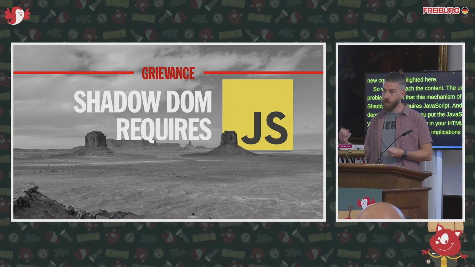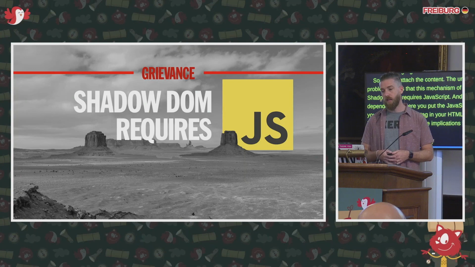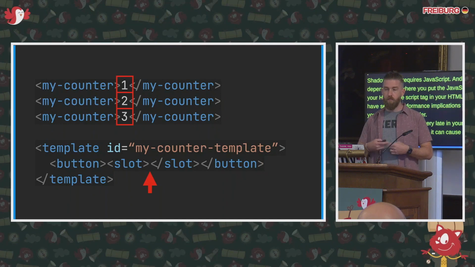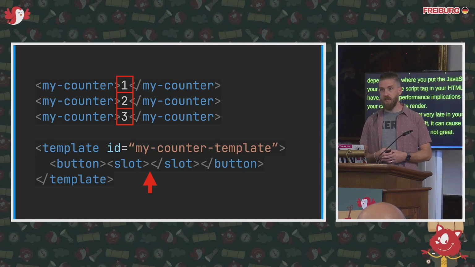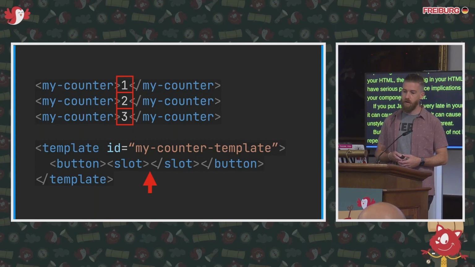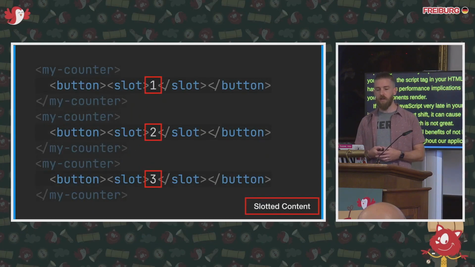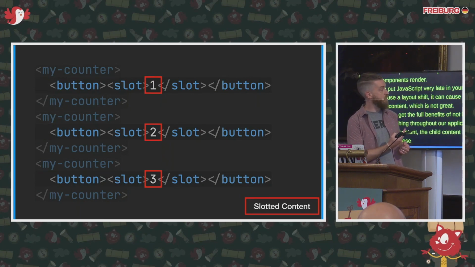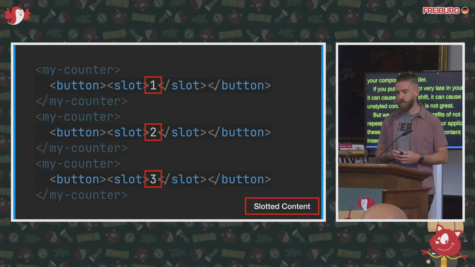If you put JavaScript very late in your waterfall, it can cause a layout shift, it can cause a flash of unstyled content, which is not great. But we do get the full benefits of not having to repeat everything throughout our application. All the slotted content, the child content here, gets inserted into the slot element automatically for us by the browser, which is great.